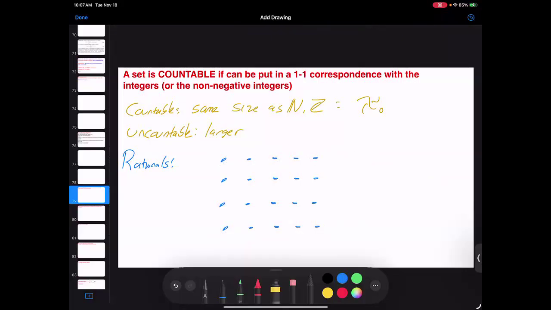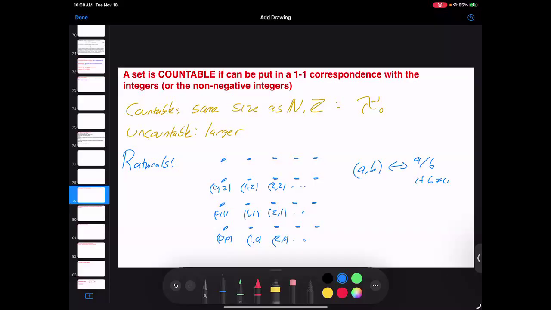I'll put my numbers here: 0,0; 0,1; 0,2; dot dot dot; 1,0; 1,1; 1,2; dot dot dot; 2,0; 2,1; 2,2; dot dot dot. And the point (A, B) will correspond to the fraction A over B if B does not equal 0.